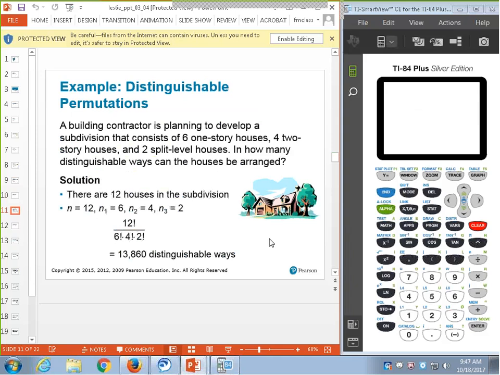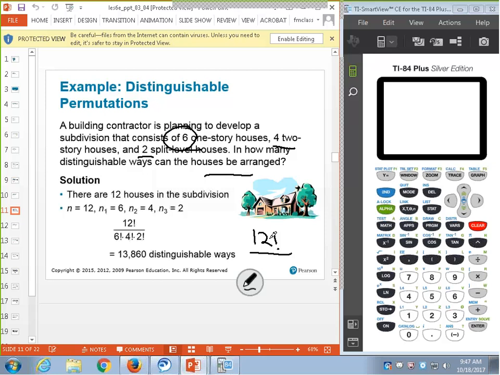A building contractor is planning to develop a subdivision that consists of 6 one-story homes, 4 two-story, and 2 split levels. How many distinguishable ways can the houses be arranged? Okay, now, if they were all different, then the answer would simply be what? 12 choices for the first one, then 11, then 10, it would just be 12 factorial, right? But, what do you got? 6 one-story.